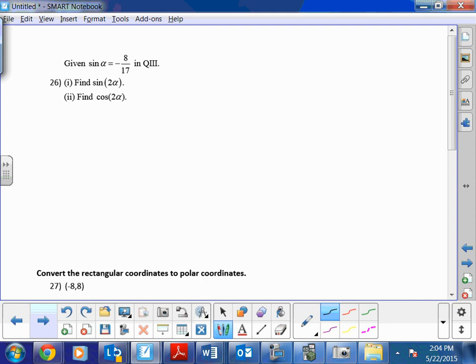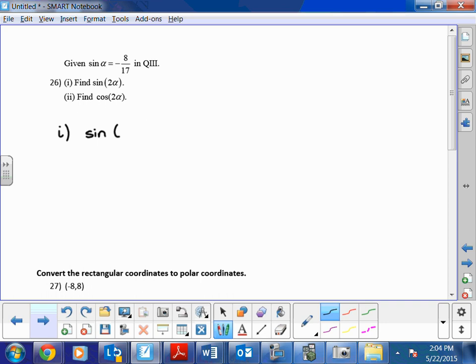And let's see. This one says, given sine alpha is negative 8 over 17, in quadrant 3, it wants you to find sine 2 alpha, and it also wants you to find cosine of 2 alpha. Now, this is also an application of an equation found in your green sheet. Let's do number 1.